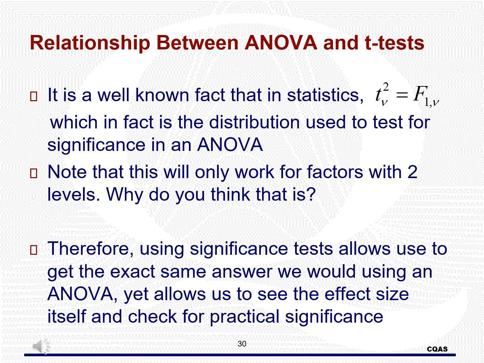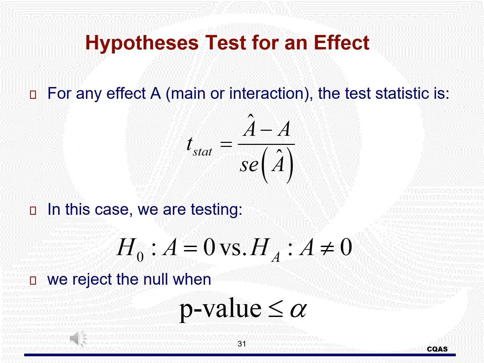Another benefit of this is that since the square of a random variable from a t-distribution with nu df is equal to a random variable from an F-distribution with 1 and nu df, the t-tests for the effects are equivalent to the F-tests. Now let's look at the hypothesis tests for this case. So we can now build the test statistic in this case as what you see on the slide.